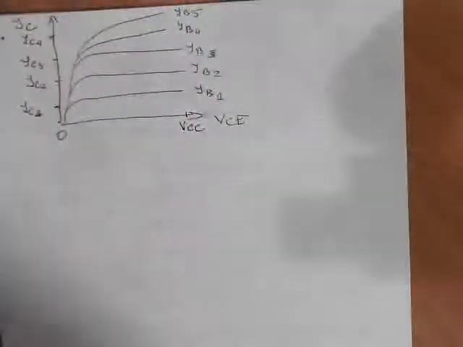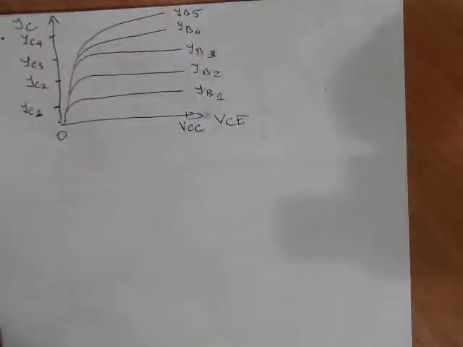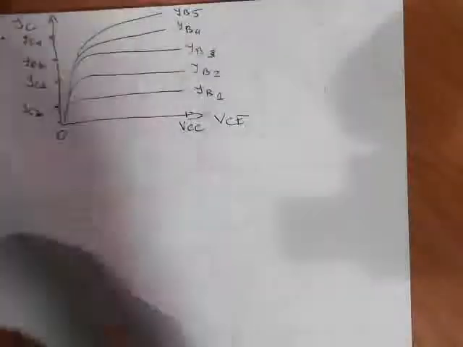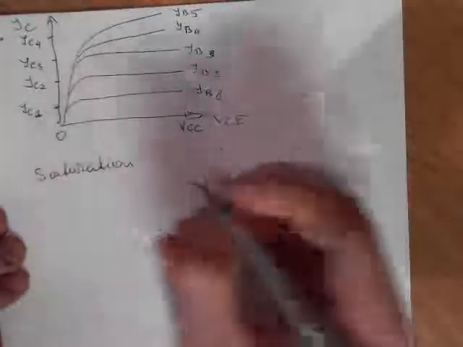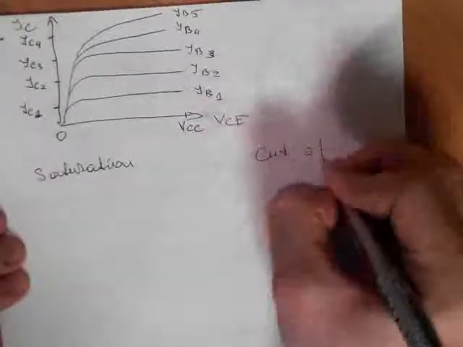Here are the values of the collector current. So this is IC1, this is IC2, IC3, IC4, and this is VCC. So basically these are two regions, saturation region and cutoff region.